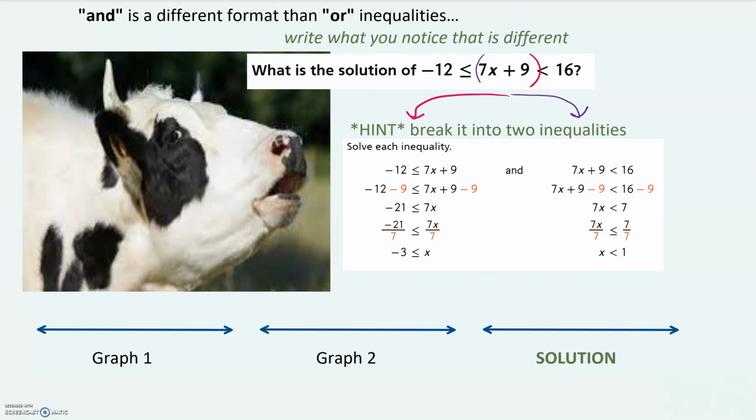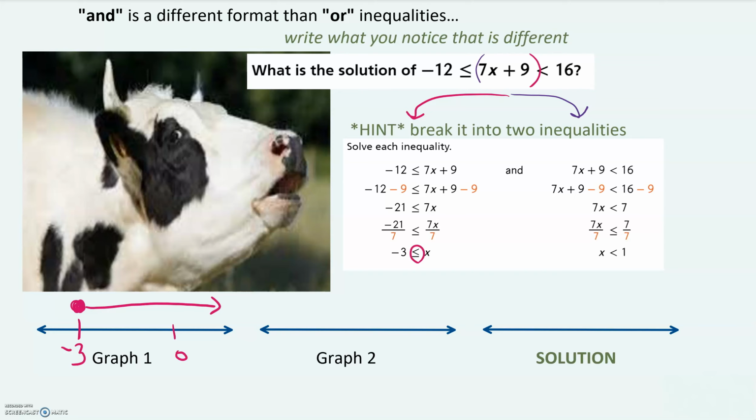So I'm going to go ahead and graph negative 3 on the number line. And that greater than or equal to symbol for x is a filled in circle where all the values of x can be greater than or equal to that negative 3.